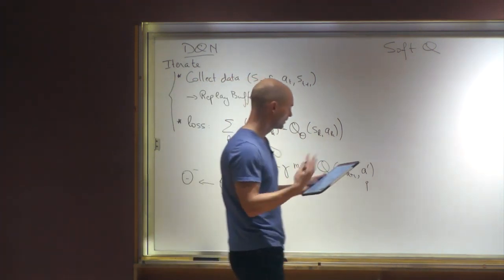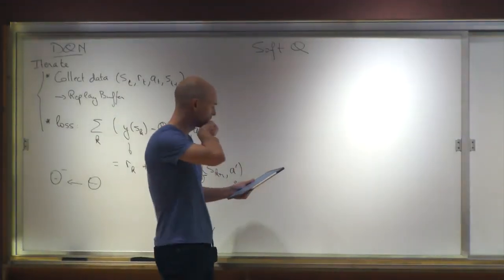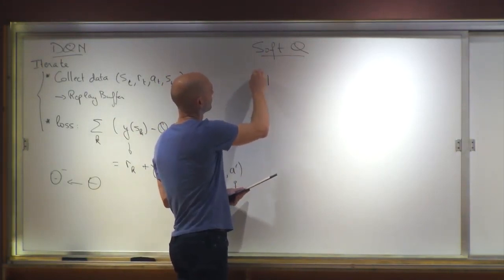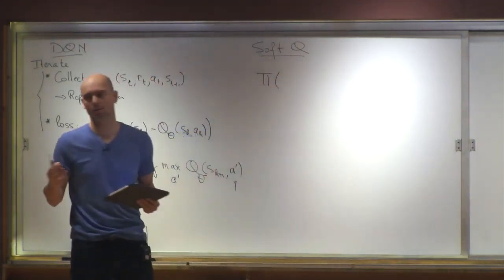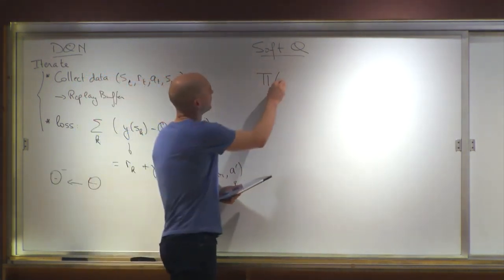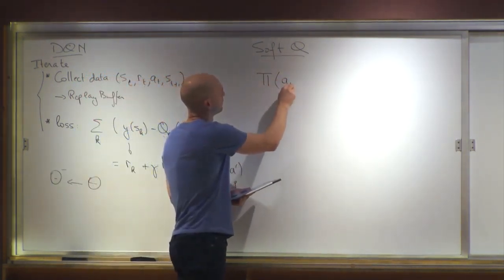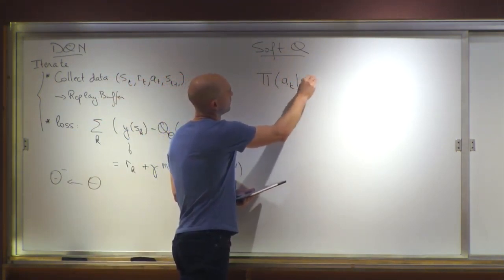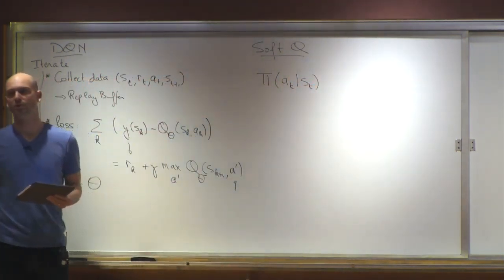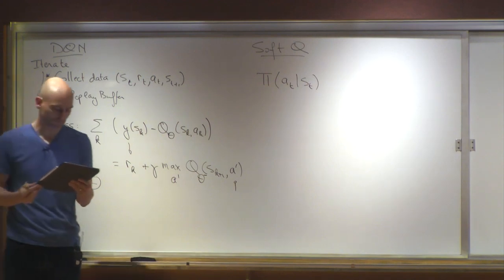So to resolve the main challenge, when we're acting, we're going to have a policy. So even though we're doing Q learning, we're going to explicitly parameterize a policy that we're learning. And it's going to be a policy where we try to find a distribution over actions given state.